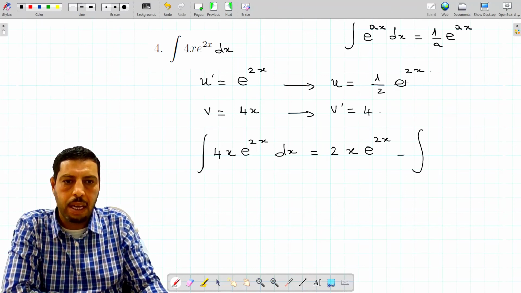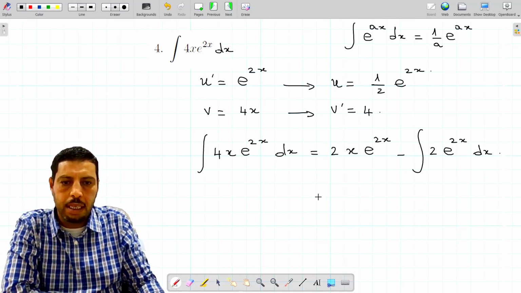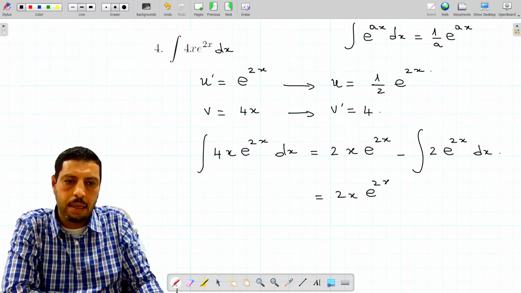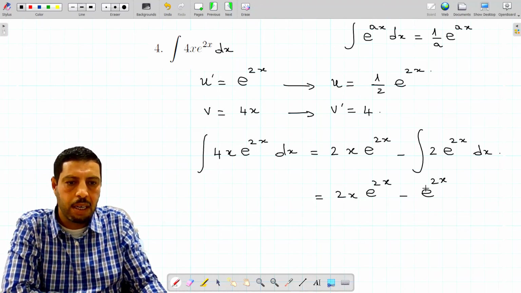It means half exponential to x times 4, which is 2 exponential to x dx, and it gives 2x exponential to x minus exponential to x, because you will have 1/2 times 2, which is 1, exponential to x plus c.